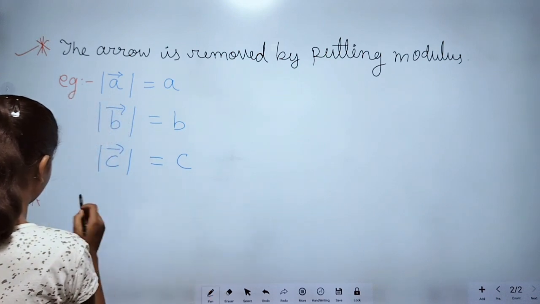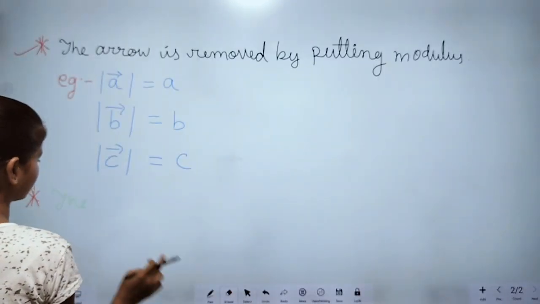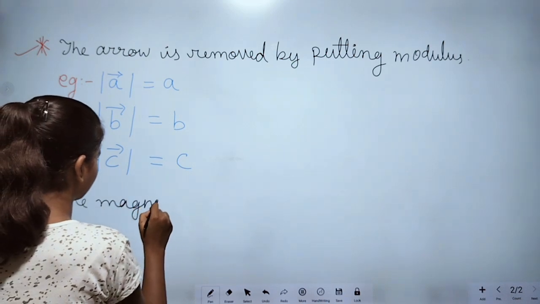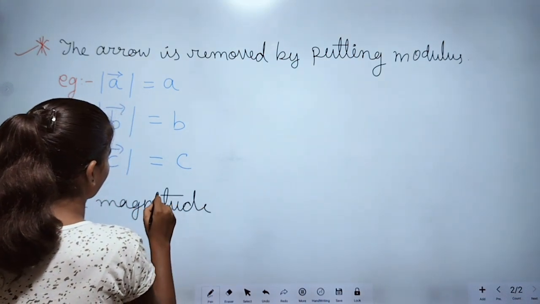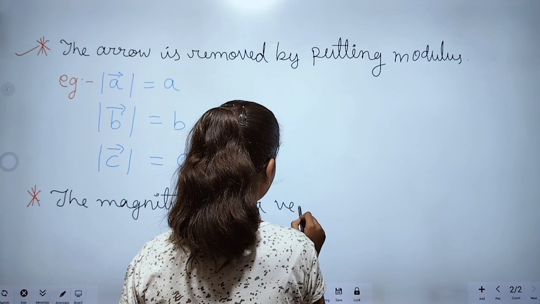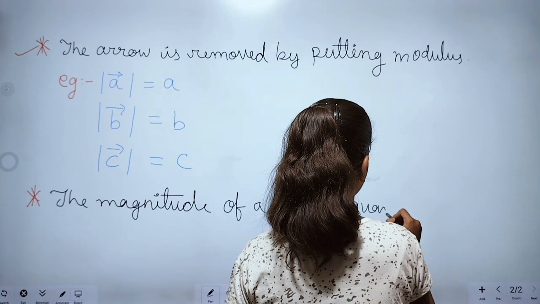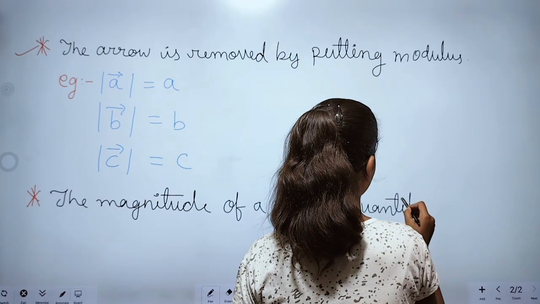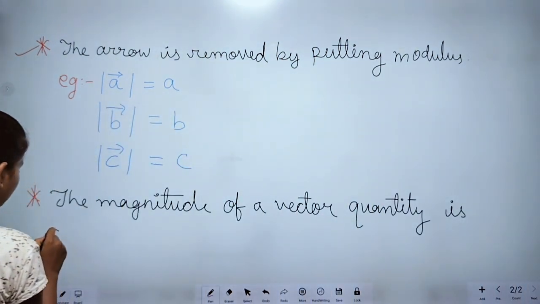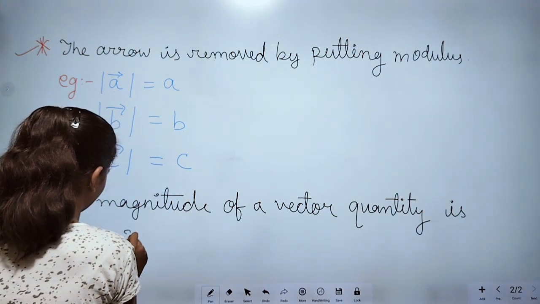The next point is that the magnitude of a vector quantity is always a scalar quantity.